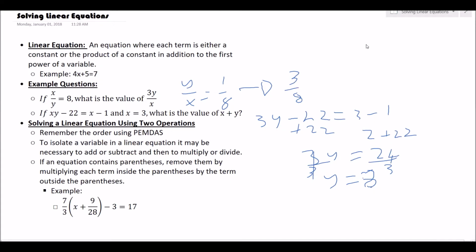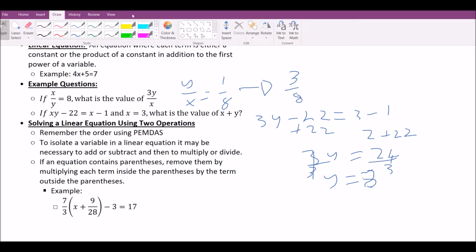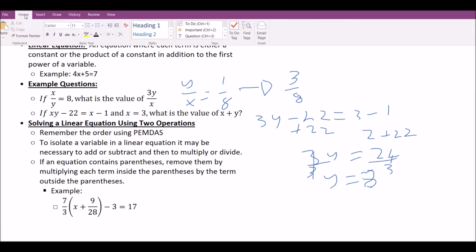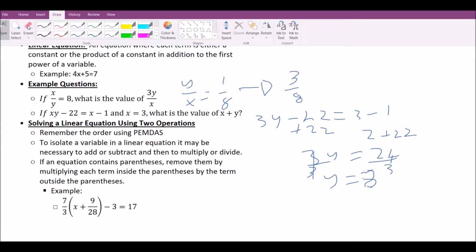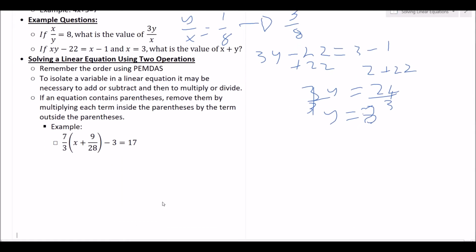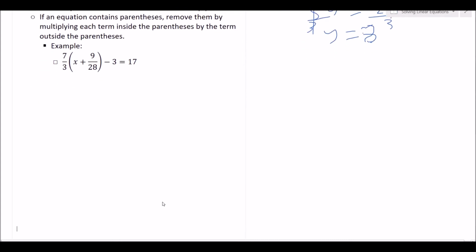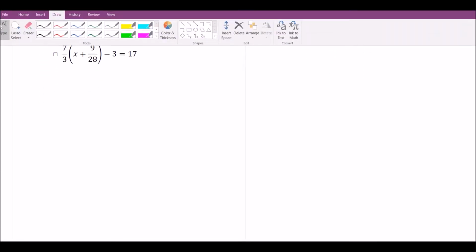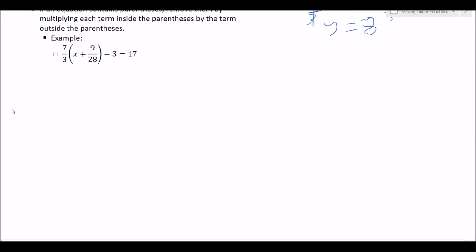Let's see our example down here. Let me get some more space. Okay, so let's do this. 7 over 3 times x plus 9 over 28 minus 3 equals 17. As I said, we first do the distributive property.